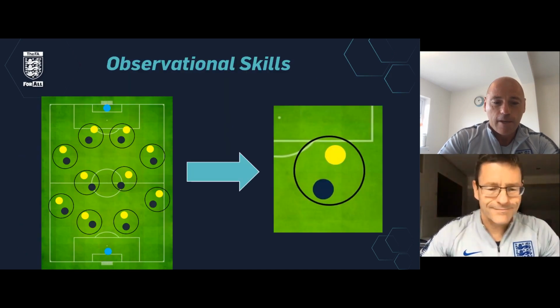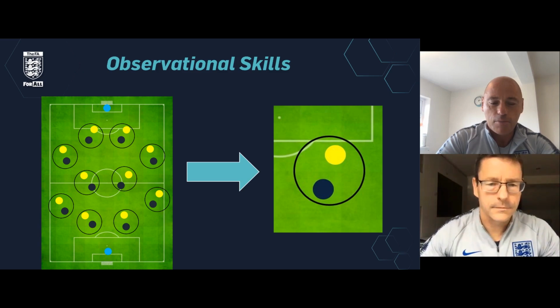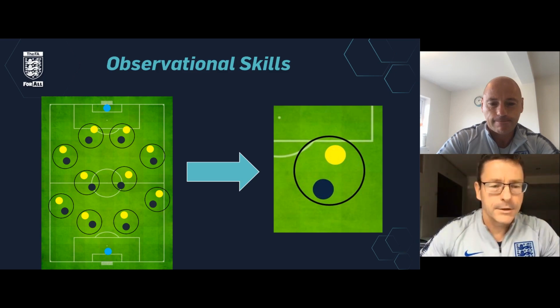I want to just talk through and remind everyone about the model that you presented last time round. I think it was very much taking the game as a whole, the 11v11 game, and then zooming in using a different lens under the microscope.